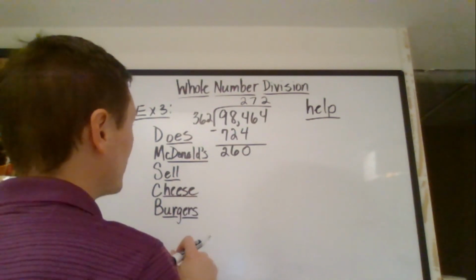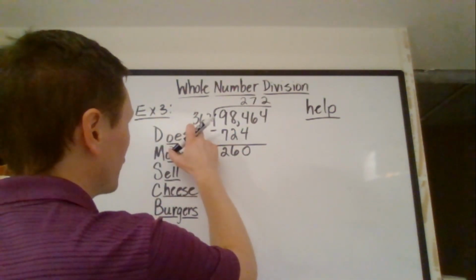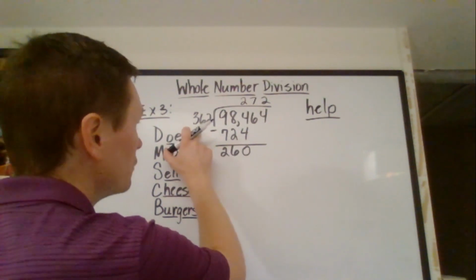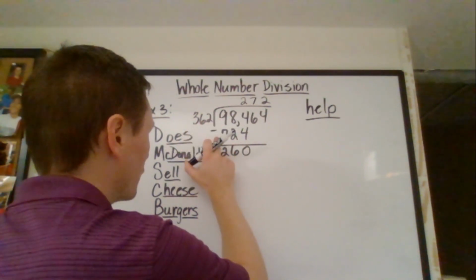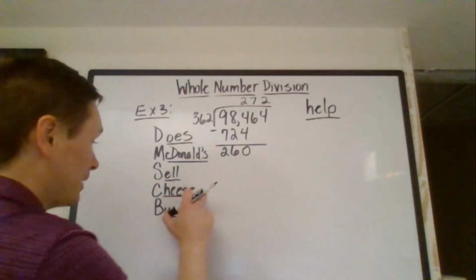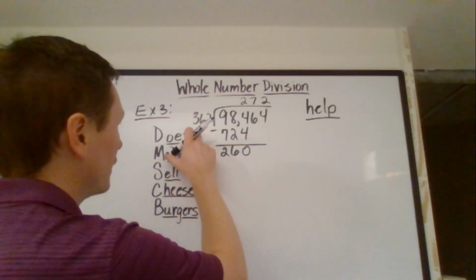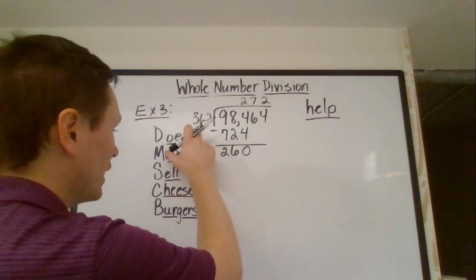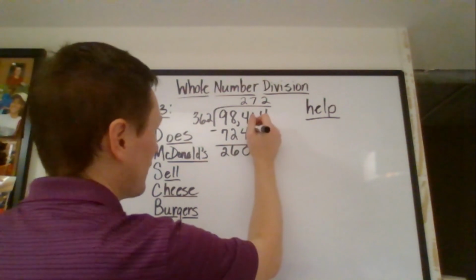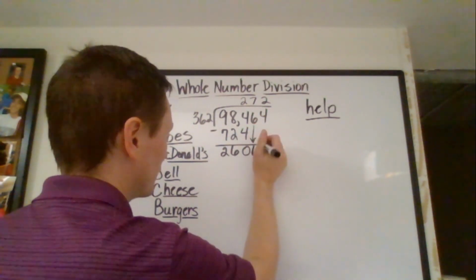I said 2 times, so I then multiply 362 times 2, and I got 724. Then I subtracted. Then I'm at cheese, so I check, and I say, is 260 less than 362? If the answer is yes, you move on. And now my burger, and I bring down my 6.